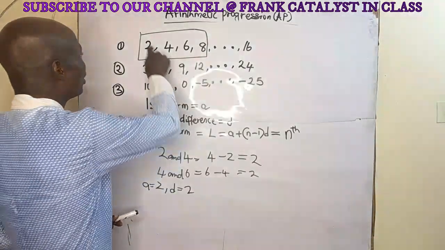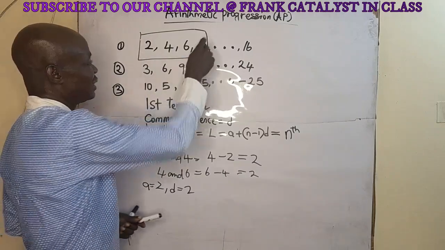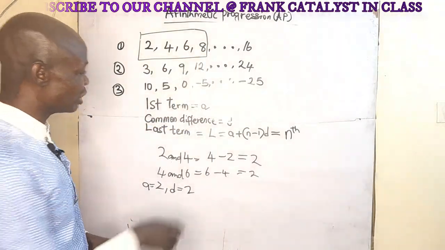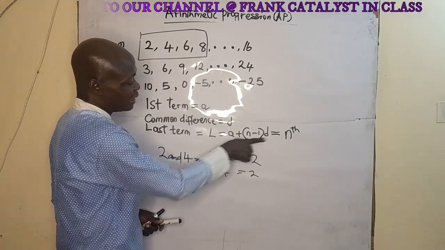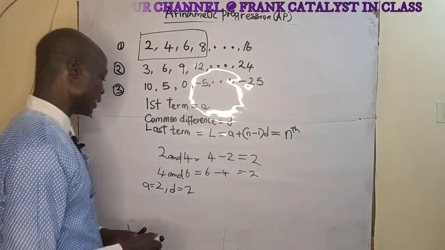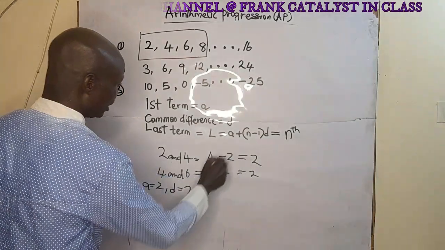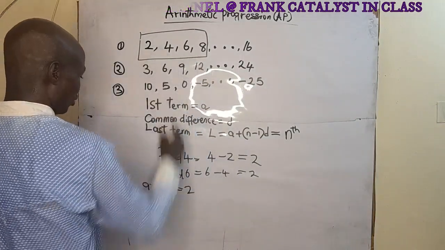So how do we know that this is 8? The last term is going to give 8. Yes, because I just wanted to prove that this is going to give the last term. So I'll just have to substitute how many terms? 1, 2, 3, 4.